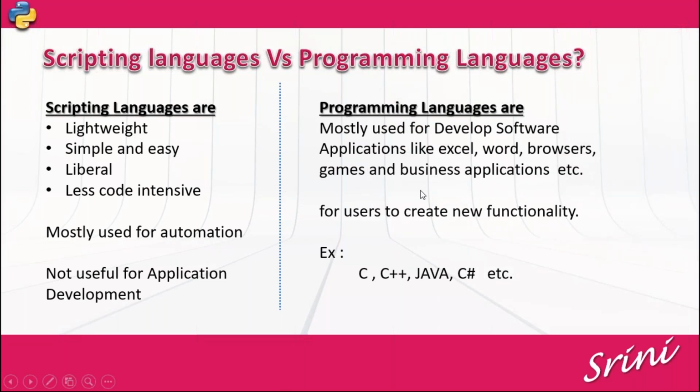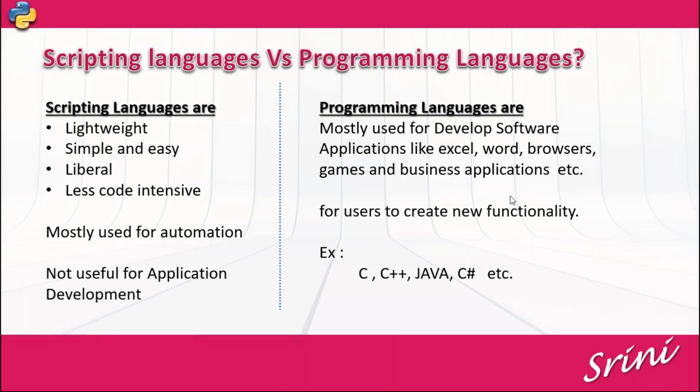Programming languages are mainly for developing software, whether you want to develop your own browser, games, gaming logics, business applications, or any software like word processors, spreadsheets, or any kind of office tools, messengers, any kind of software you want to develop, creating new software, new functionality, new features can be done with programming languages.